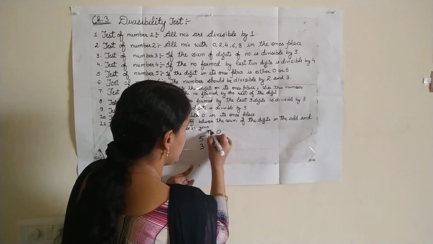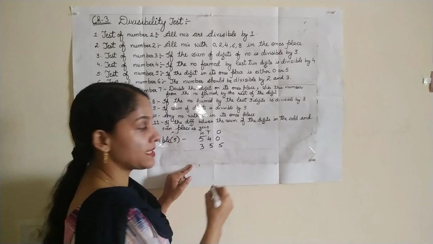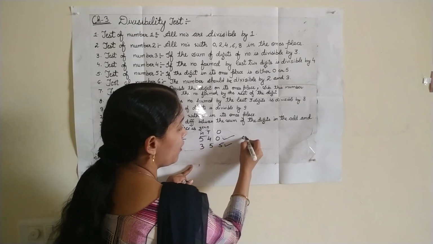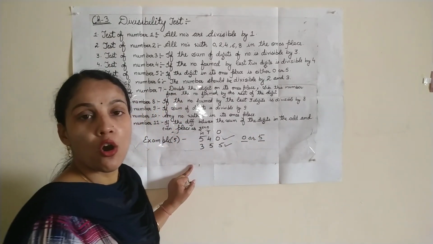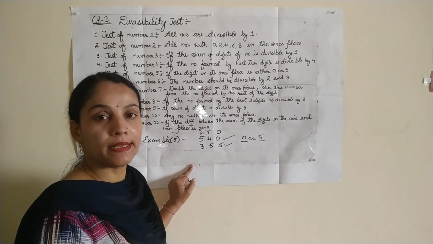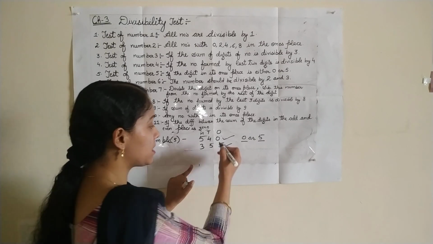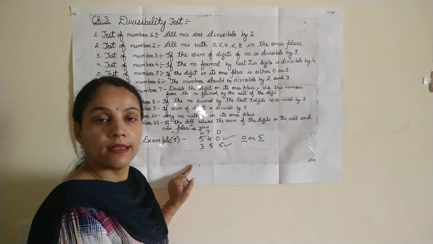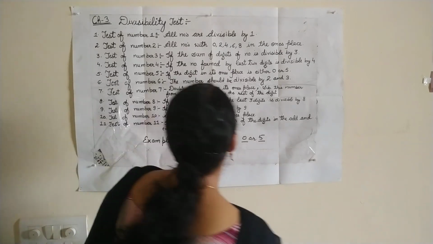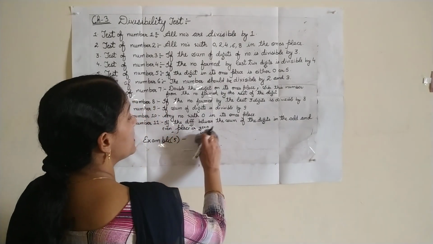The ones place digits are 0 and 5. If the ones place digit is either 0 or 5, that number is divisible by 5. That means 540 and 355 are both divisible by 5.